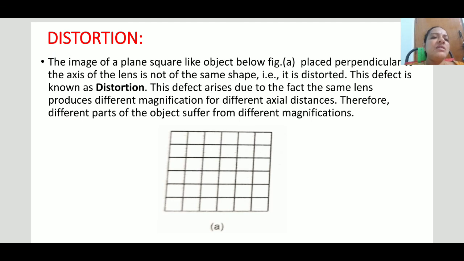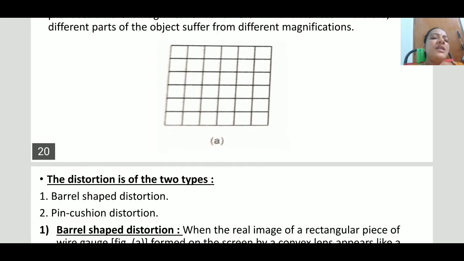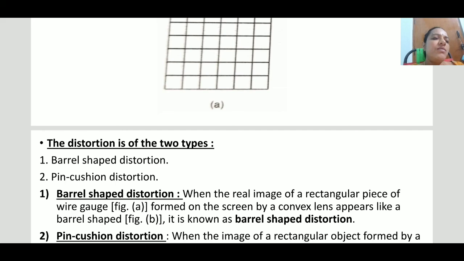Next, another aberration, distortion. The image is distorted due to the different magnification of the object. If the object is in a rectangular shape, then a distorted image is formed.